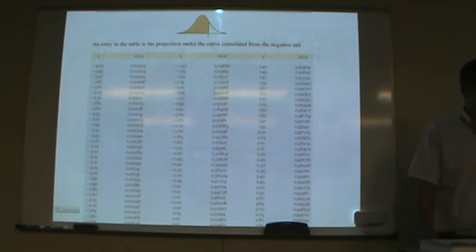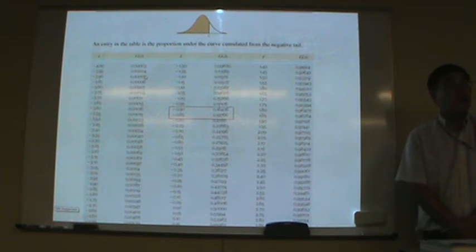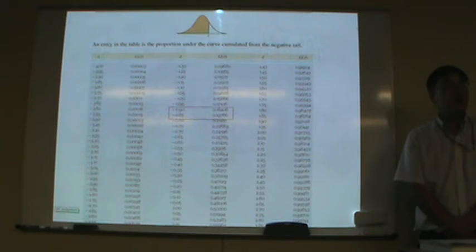Where is negative 0.87? We cannot find it, right? No. We can find it between, right?